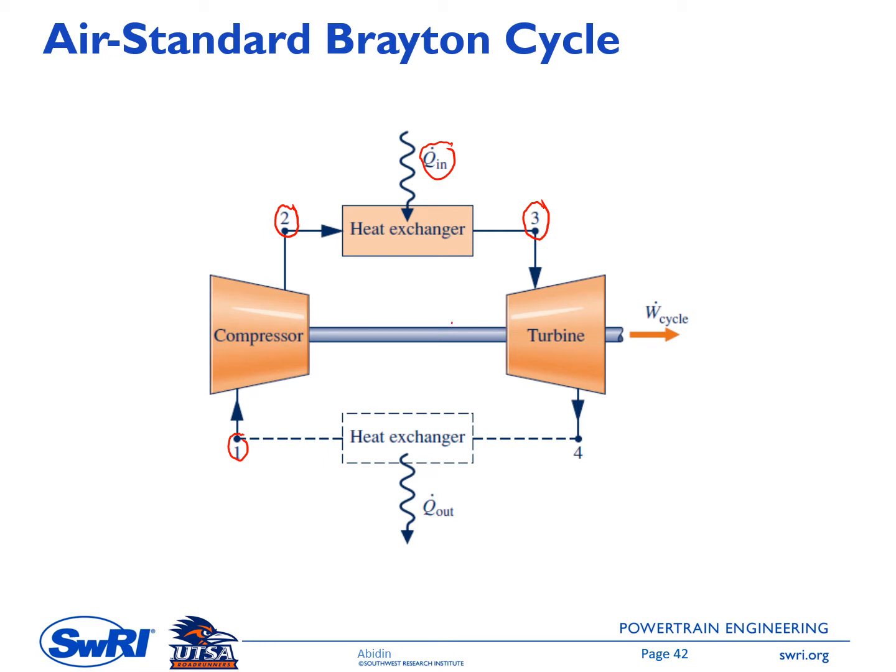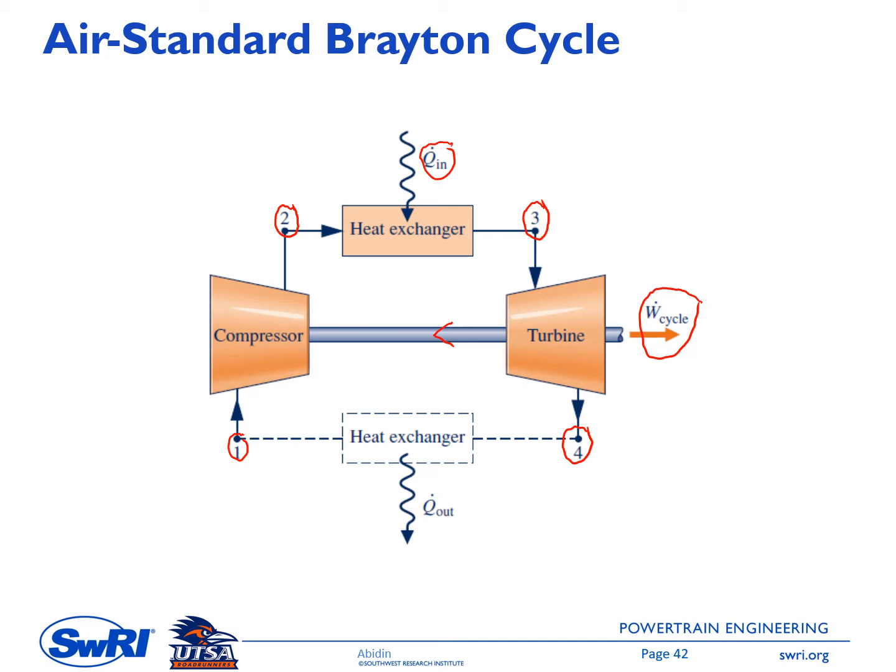Some of the work will be used to drive the compressor, the rest will be used for other purposes. And then at the exit of the turbine, it is state number 4, and in this Brayton cycle, it is assumed that the working fluid at state number 4 will mix with the mixture in the surroundings, which is actually air consisting of oxygen and nitrogen.